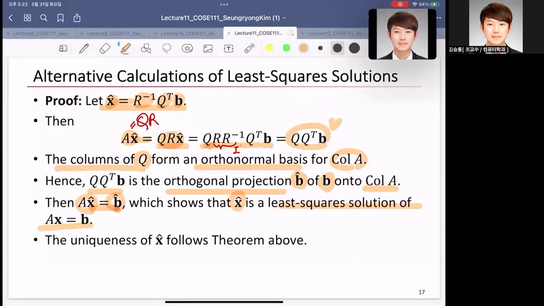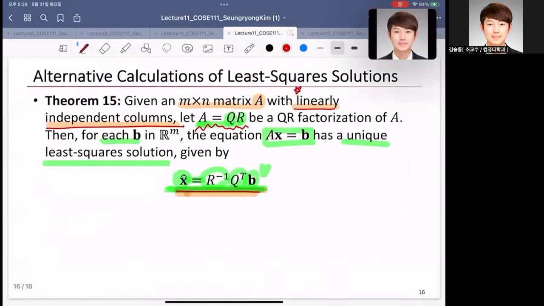So x hat was unique, 그렇죠? Following the previous theorem. So in this case, x hat equal to R inverse Q^T b is going to be our least square solution when matrix A can be QR factorized. In other words, matrix A has linearly independent columns.